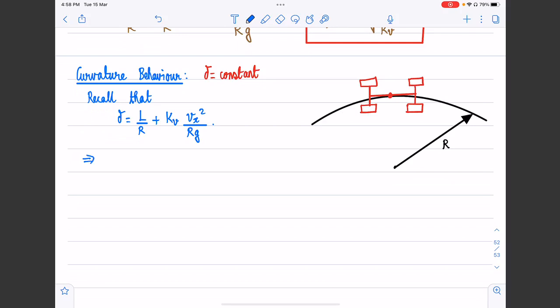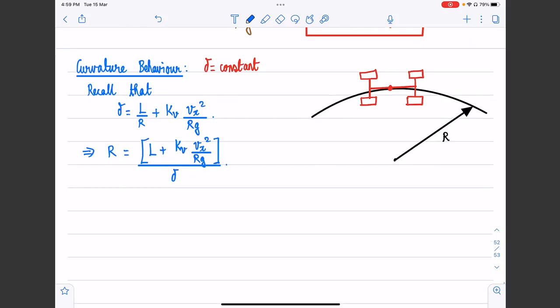So I can always rewrite this equation as R equal to L plus KV Vx squared by g, divided by delta. Okay, so this is how I will rewrite it. And we consider the case where delta is held constant. All right, so let's see what happens.